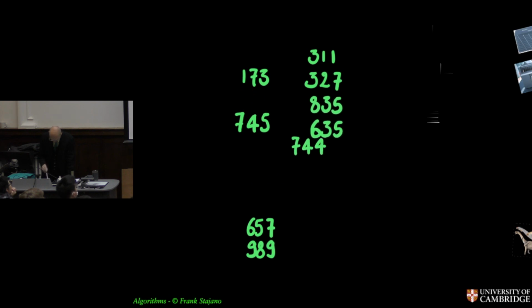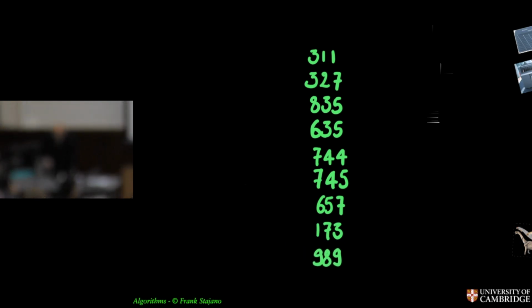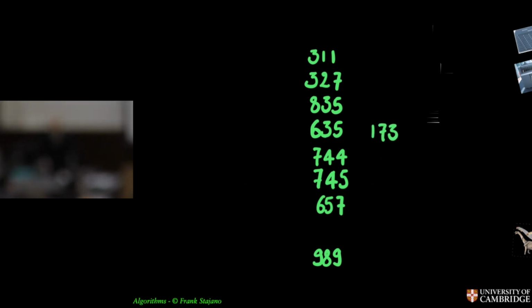And then this 4 and this other 4. This 5, this 7, and this 8. And finally, I sort by the third most significant column, where the smallest one is this one. Have I made a mistake? No.